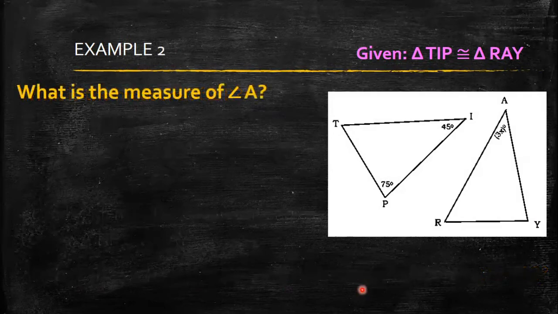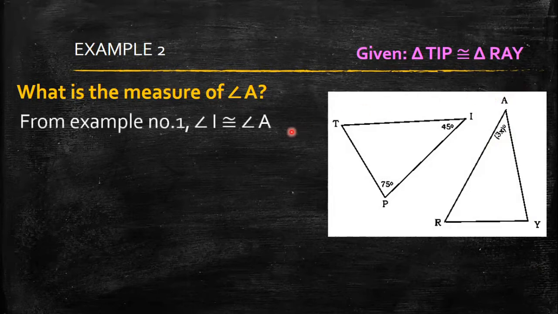Next, same given pa rin, we have triangle TIP is congruent to triangle RAY. What is the measure of angle A? So, nalaman na natin yung mga congruent angles kanina. So, ano daw ang measure ni angle A?